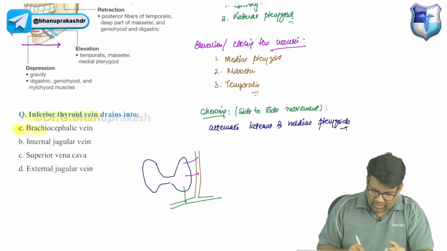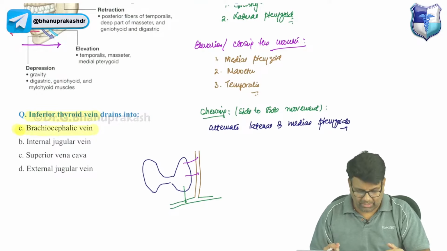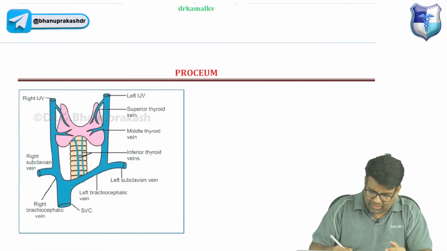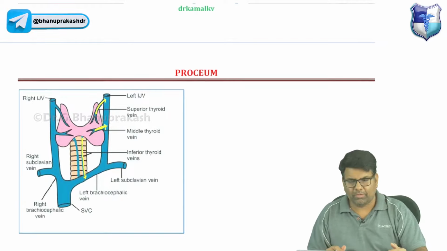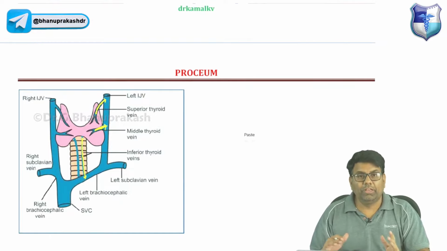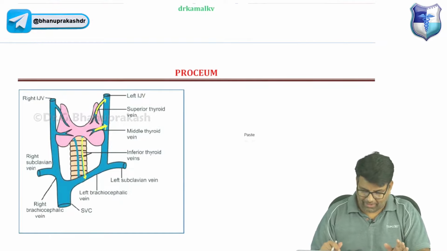If you look at this image, you can appreciate the superior going into the internal jugular vein, the middle going into the internal jugular vein, and the inferior going directly into the left brachiocephalic vein. So this is the venous drainage of the thyroid gland.